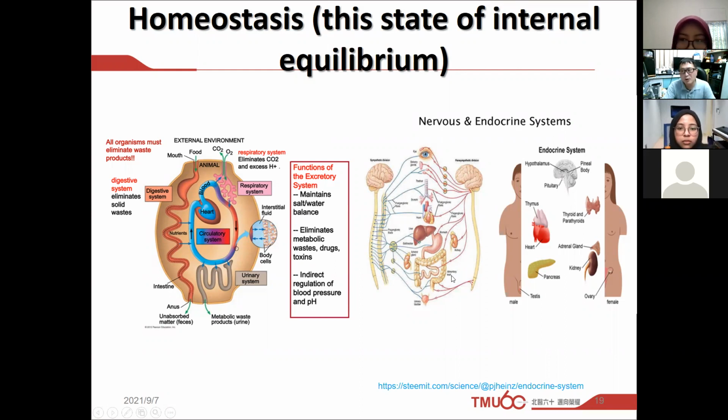I think everyone recognizes these slides on the left. Last week the professor demonstrated two different systems in the human body: the digestive system and the respiratory system, right?